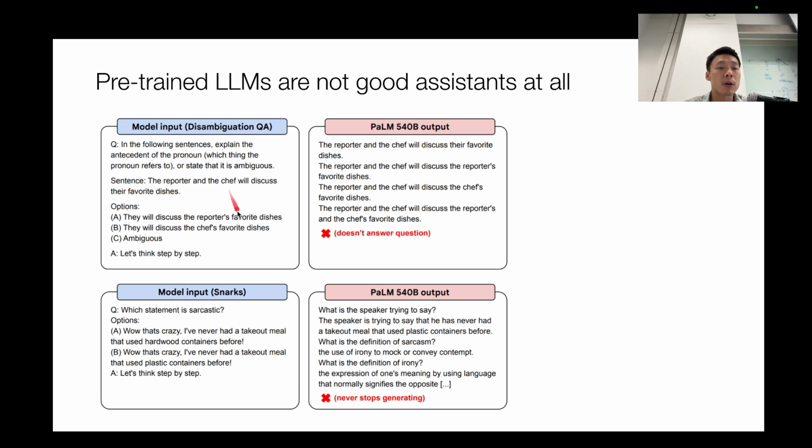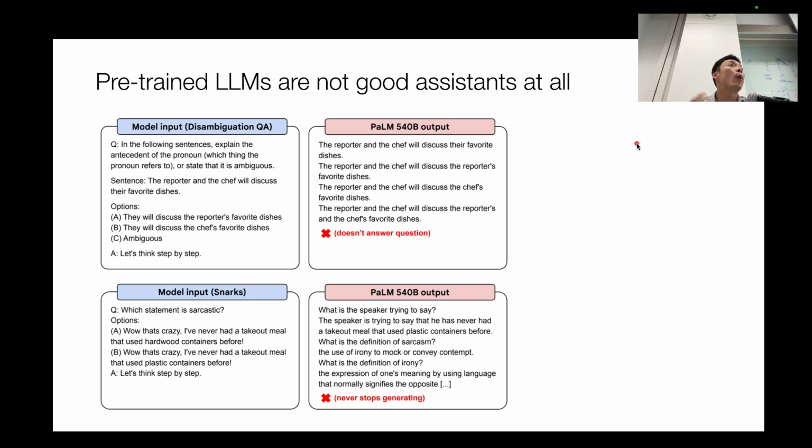The reporter's or the chef's, or ambiguous? You don't know that, right? What happened is that if you use just GPT alone, it will give you this. It's not A or B or C at all. It's some text. Okay, so it's not a good assistant, right?